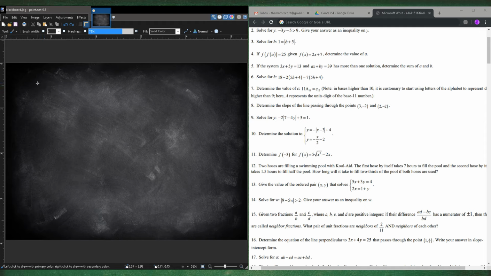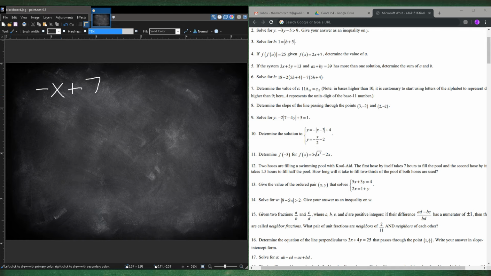So if this was positive, we'll just leave it as positive. So it'll be negative of x minus 3 plus 4. That simplifies to negative x, and then negative of -3 is plus 3, and then plus 4 is plus 7.